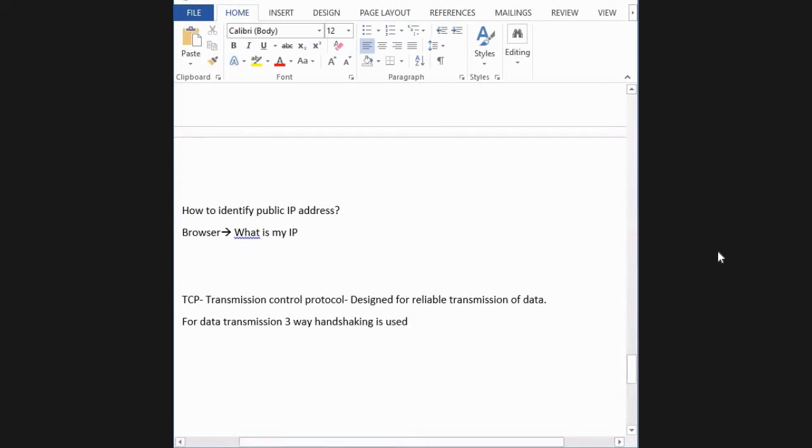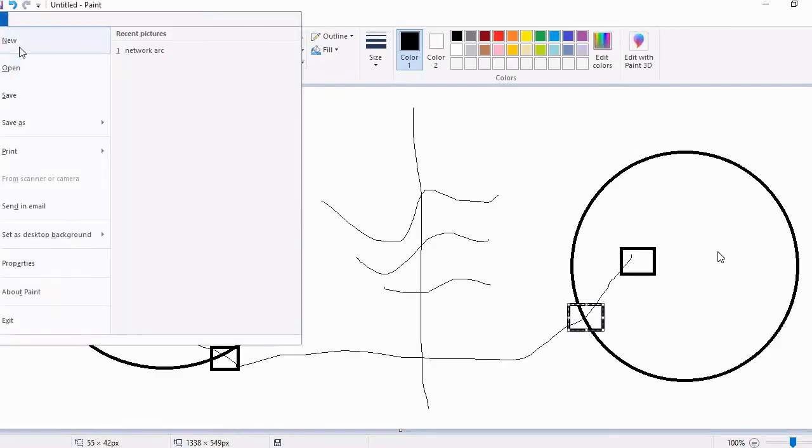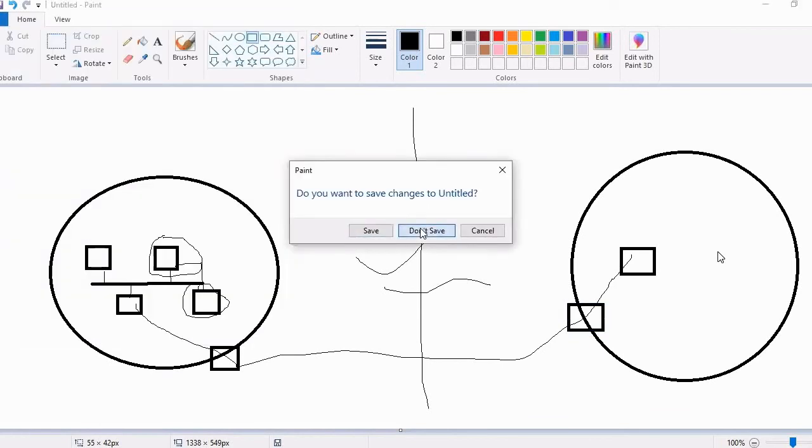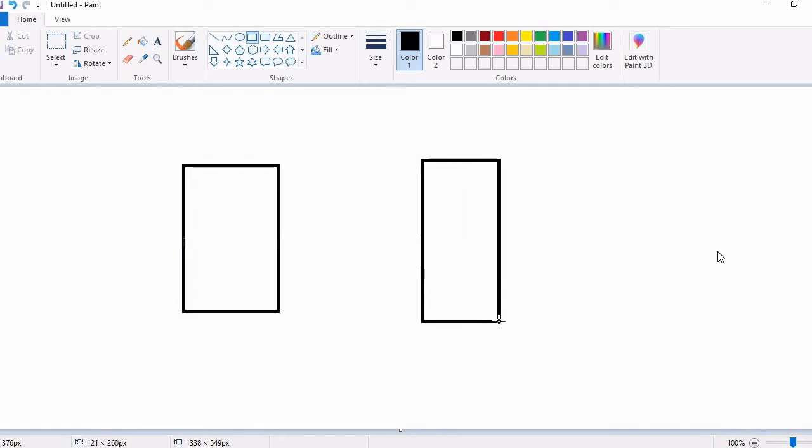I'll share my screen. Please let me know if it is visible to you. Is this visible to you? Yes, ma'am. Okay, so here I am going to show you how the data transmission will take place.